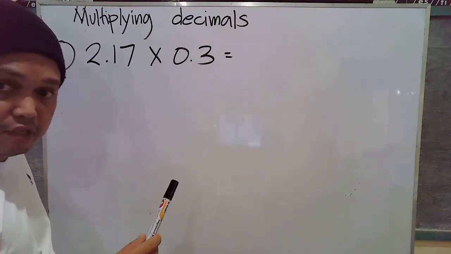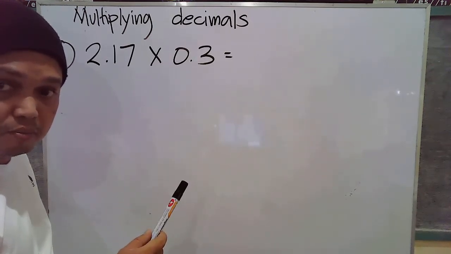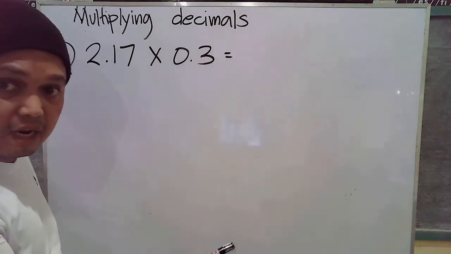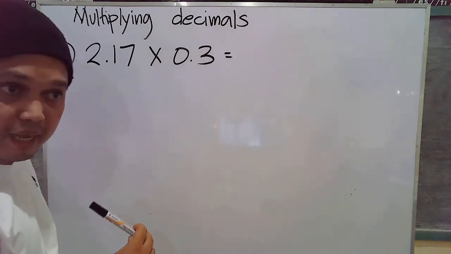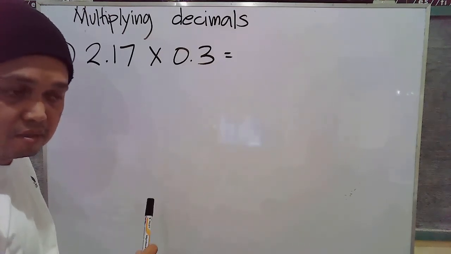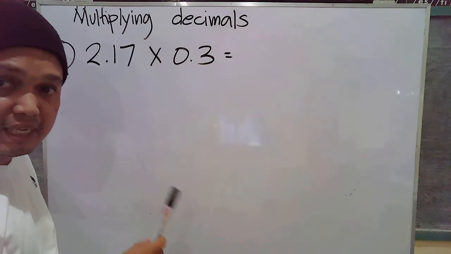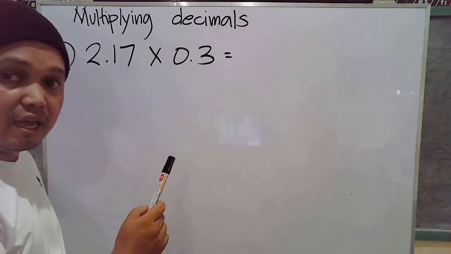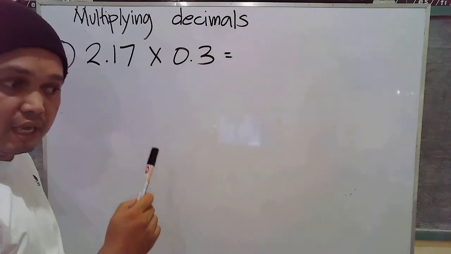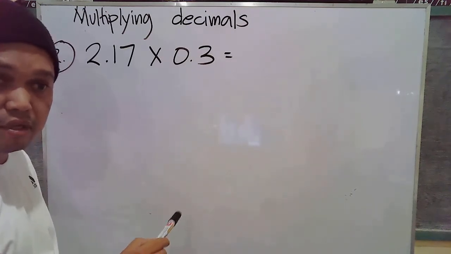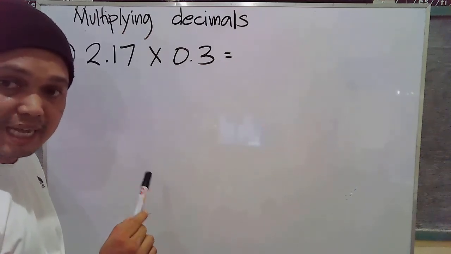First, just arrange the numbers in column, making sure that all the last digits are aligned. Then multiply just like whole numbers. And count the number of decimal places after the decimal point in the factors, and that will determine the number of steps that we are going to count to put the decimal point in our answer.